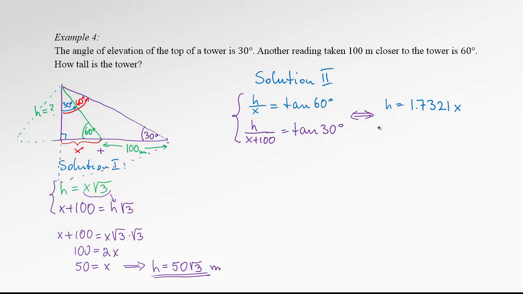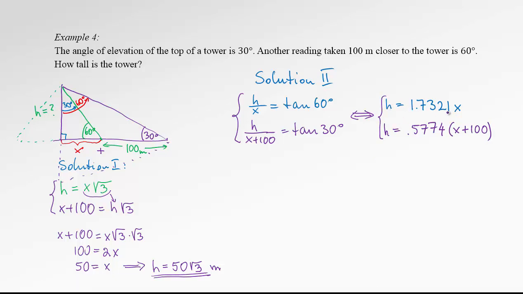And from the bottom equation we have h equals tangent 30, which is 0.5774 when rounded to 4 places, times the whole denominator x plus 100. Okay, here's our system of equations.